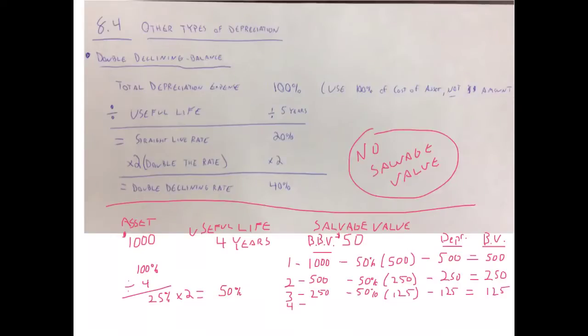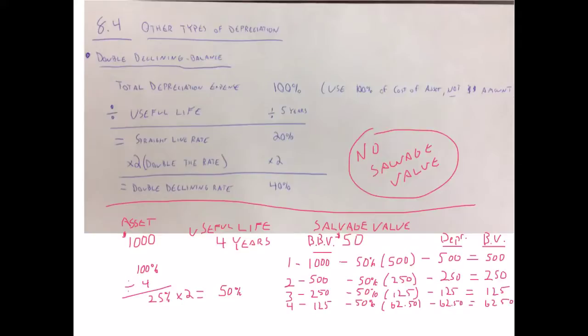We have year 4. Beginning book value is $125. We're depreciating 50%. In this case, that is $62.50. Our ending book value is $62.50.